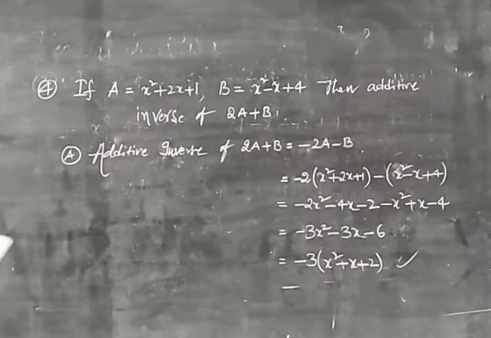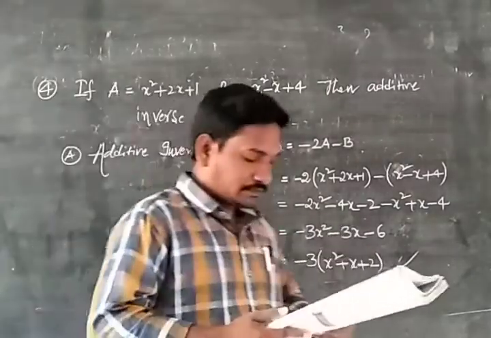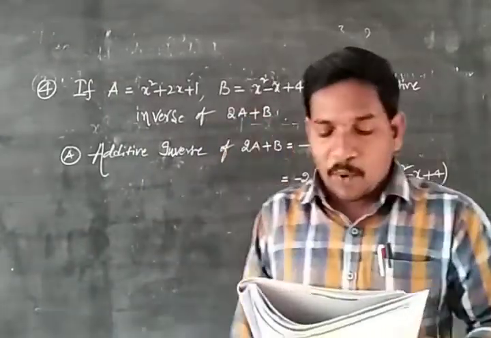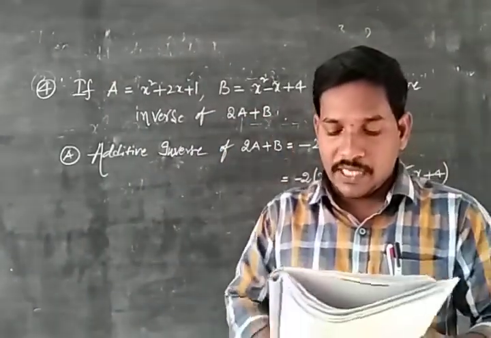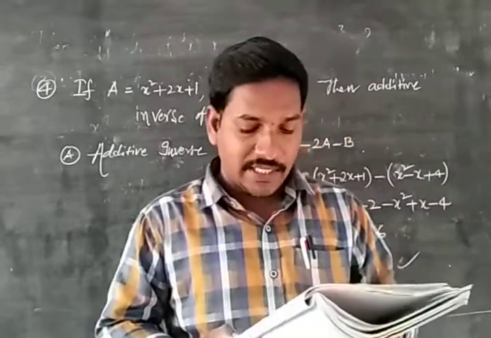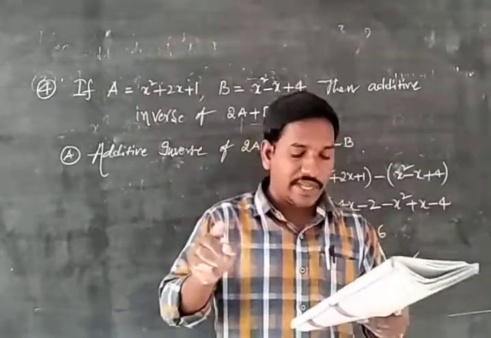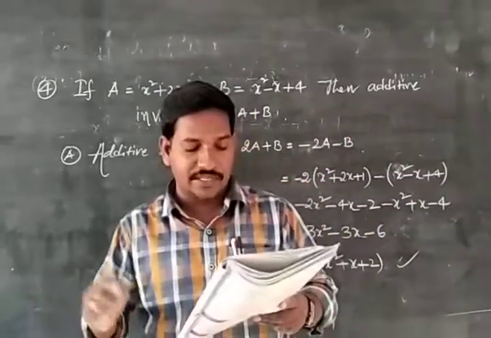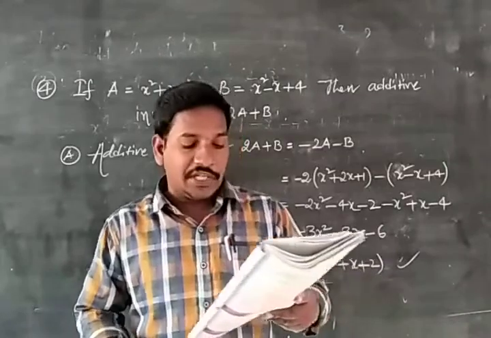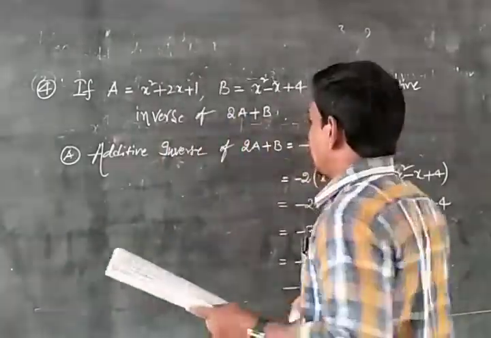In the reasoning type, fifth one: the degree of the polynomial 7x power 5 minus 8x power 6 plus 4x cube plus 7 is 6.